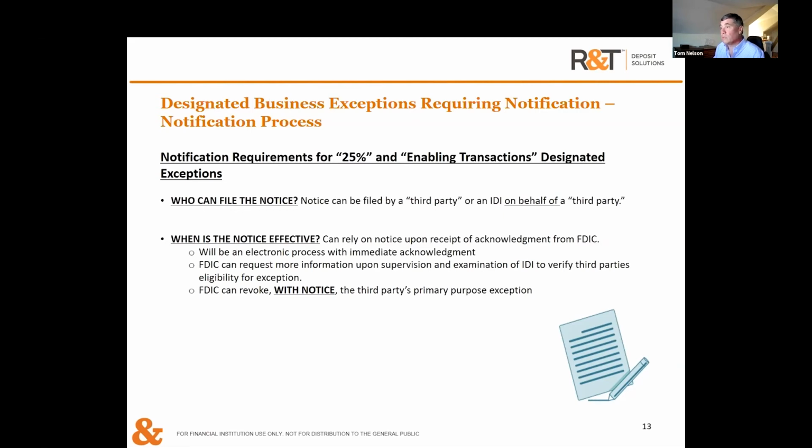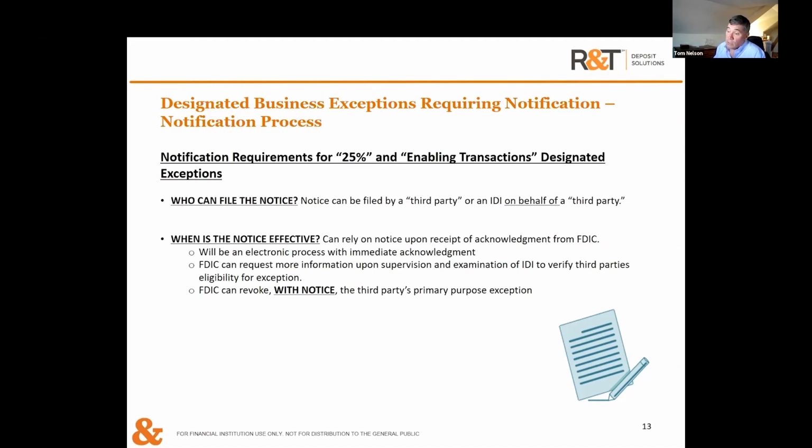As time goes on and as examinations of IDIs and others go through, the FDIC can request more information if it feels it's necessary. But the original assumption is that these banks, these custodians, broker-dealers, trust companies are in fact exempt from being a deposit broker. You just have to be prepared that if the FDIC asks for something down the road, you're able to get that information.